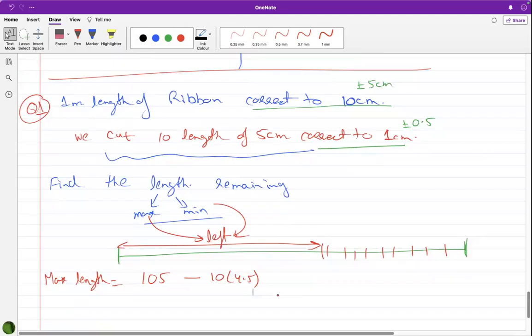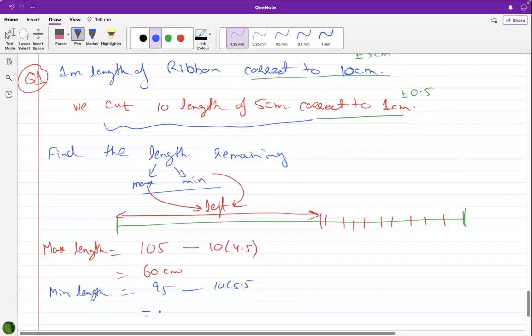Yes. So we're left with 105 minus 10 into 4.5, which is 60 centimeters left. So we assume that the ribbon was 105 centimeters and we are cutting 4.5 centimeters, so the maximum length is left. And for the minimum, it would be 95 minus 10 times 5.5.